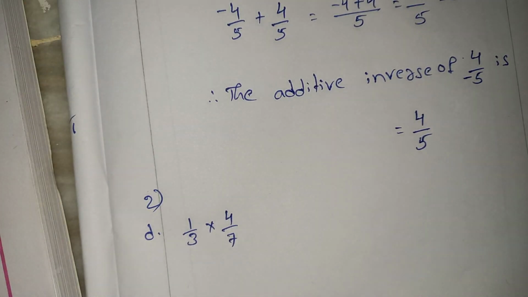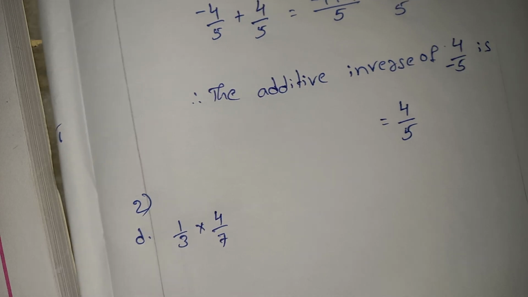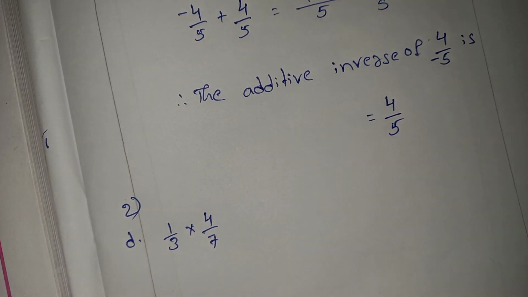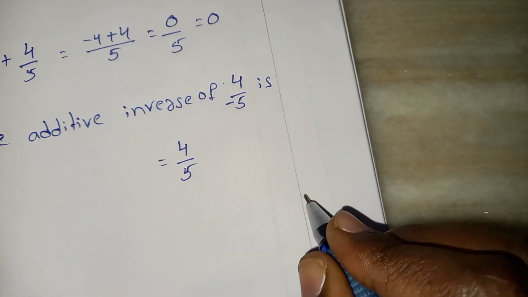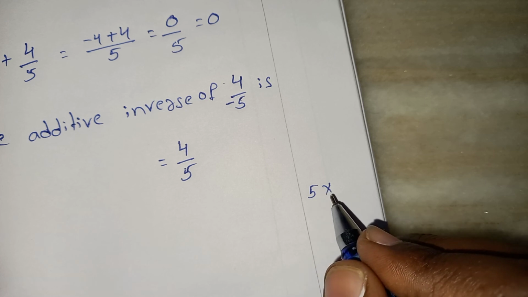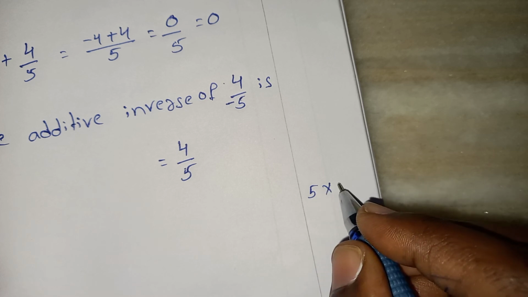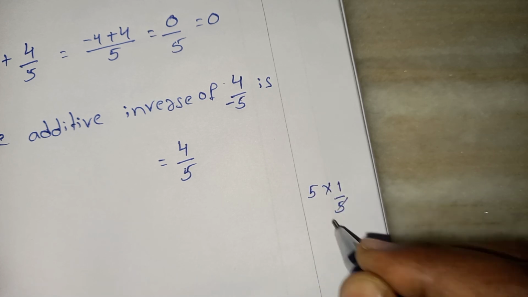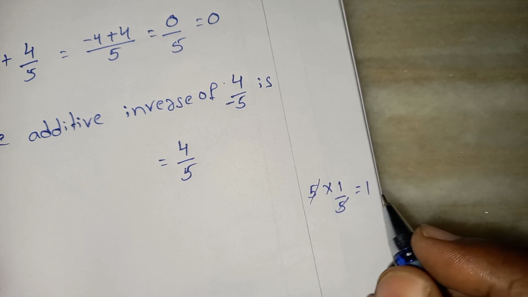Multiplicative inverse means if you multiply with something, the result should be 1. For example, 5 into, how much do we have to multiply with 5 to get the answer 1? 1 by 5. 5 cancels, answer is 1.